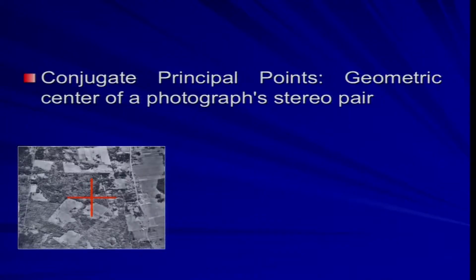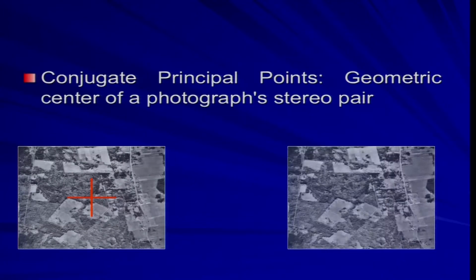Okay. So, for example, again let us take these two photographs. After connecting the north-south or the east-west, we have a center point here, and the same we have here. So, what we have here is the principal point of the two photographs.